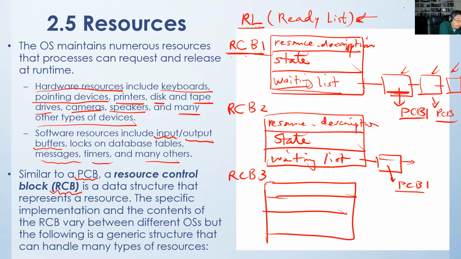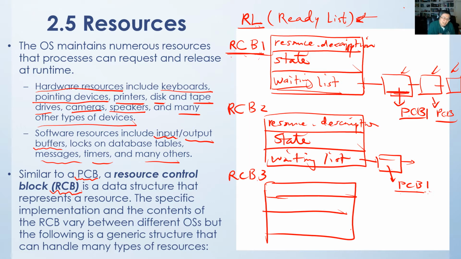Then resource 3 is going to be added to the other resources in the PCB of process 1. It's not going to be on the waiting list of resource 3, but it will be put on the other resources in the PCB 1.